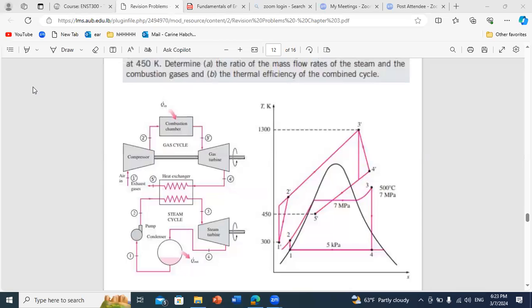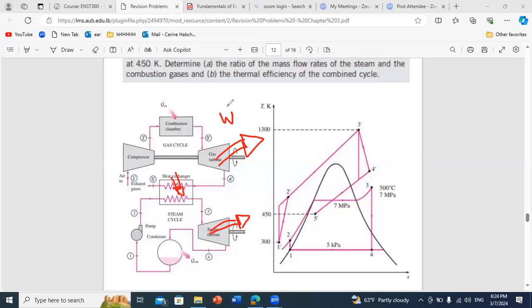So whenever you need to construct a power plant producing electricity, this is a widely used system, because you will first benefit from production of high power from the gas turbine, and you will benefit from the energy of hot gases to drive another cycle that also will produce electricity. So you can have a high amount of electricity produced.